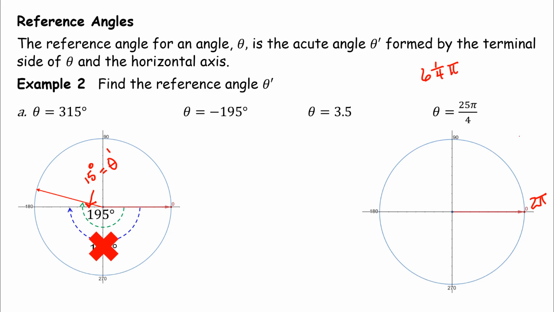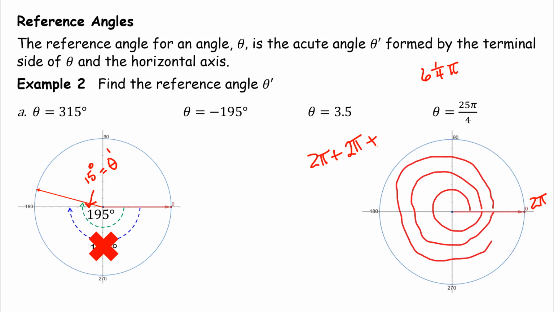Every 2 pi is 1 time around the circle. So if I go 1 time around the circle counterclockwise, because it's positive, that's 2 pi. And then if I go around again, that's another 2 pi. And then if I go around again, 2 pi plus 2 pi plus 2 pi, that's 6 pi.